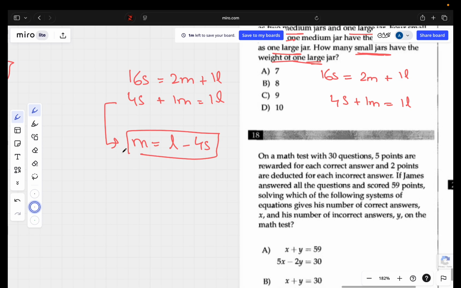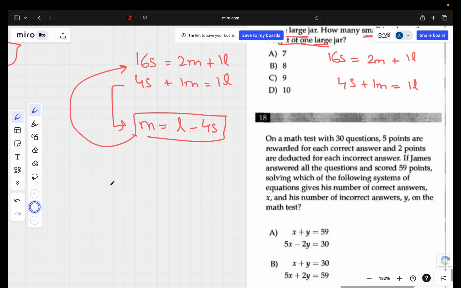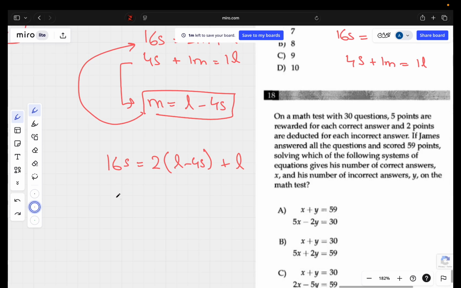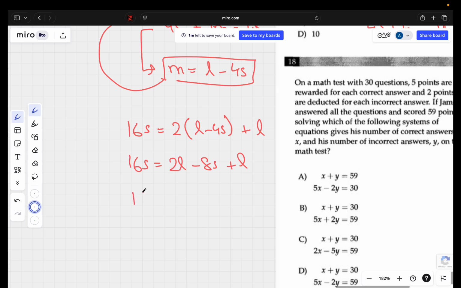I can take this and substitute it in the first equation. So 16s is equal to 2m, and m now is l minus 4s, plus l. So that's going to be 16s equals 2l minus 8s plus l. So we'll solve this.